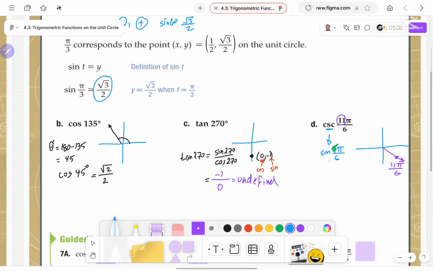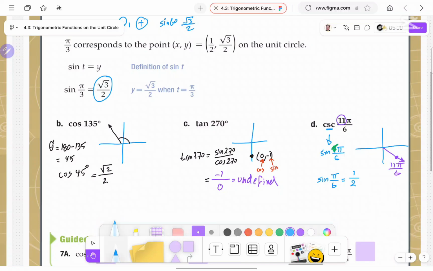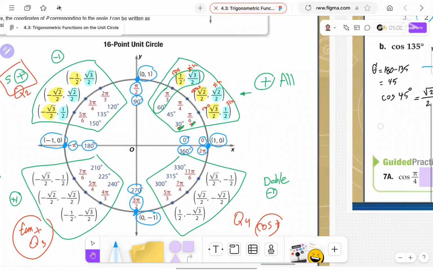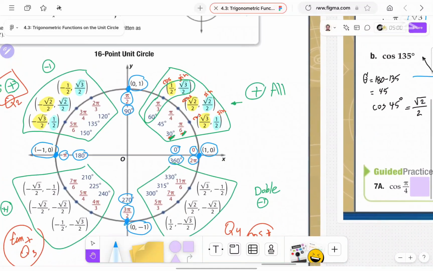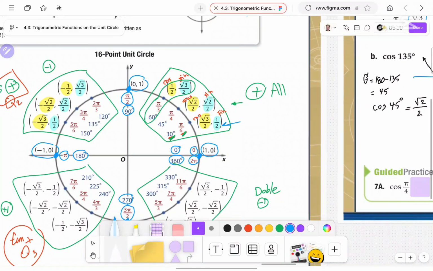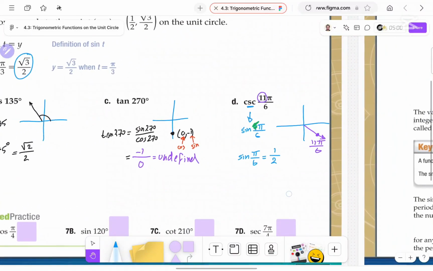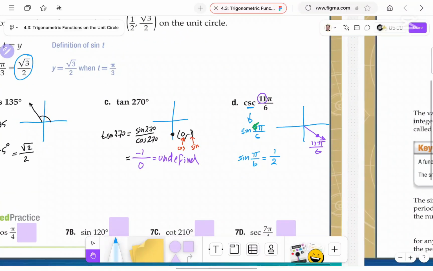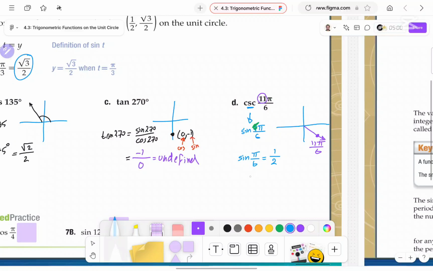What's sine of pi over 6 from the table? It means sine 30, right? Sine 30 is equal to 1 over 2. Is this right? Let's go back here and check. See, pi over 6, sine is 1 over 2. Now let's go here, and I know that the question is asking for cosecant 11 pi over 6.